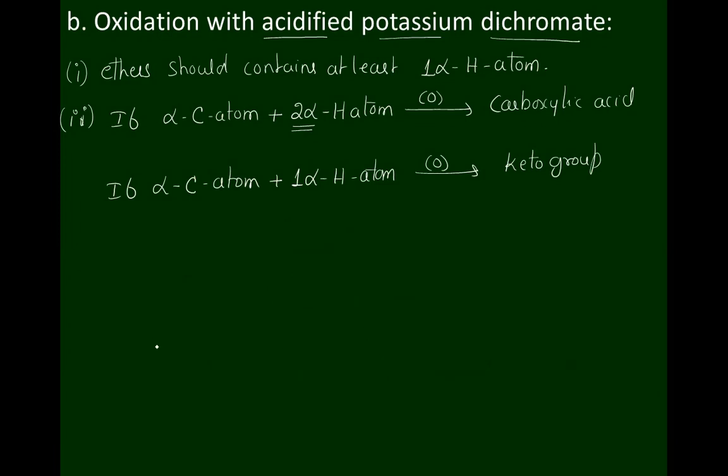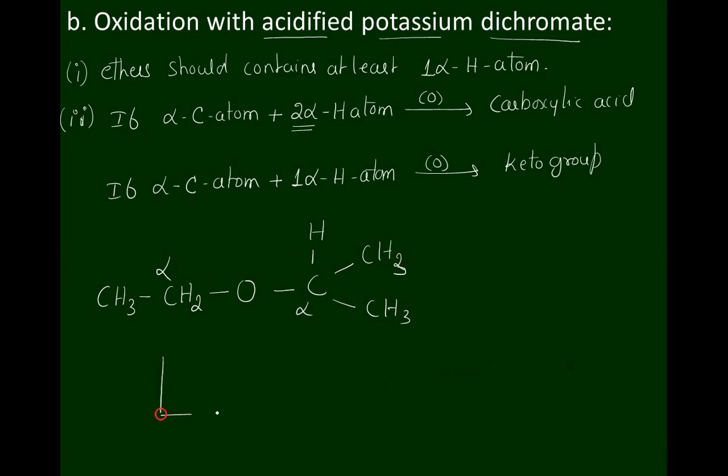Now, if I take the molecule like this, CH3CH2O CH(CH3)CH3. This is alpha, this is also alpha, and it is subjected to oxidation in the presence of acidified potassium dichromate solution.